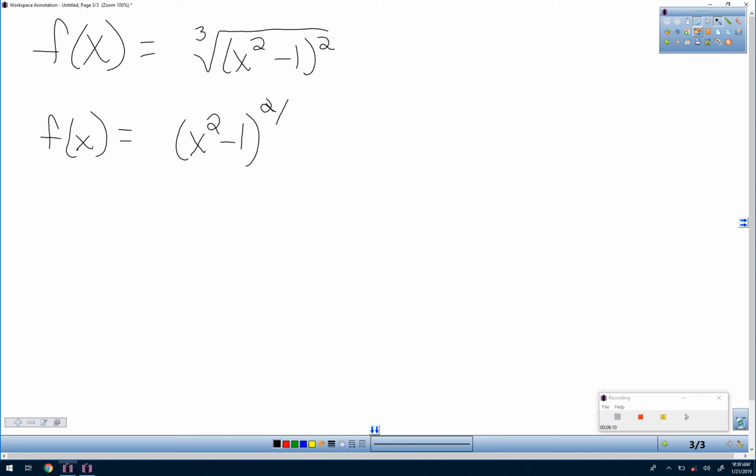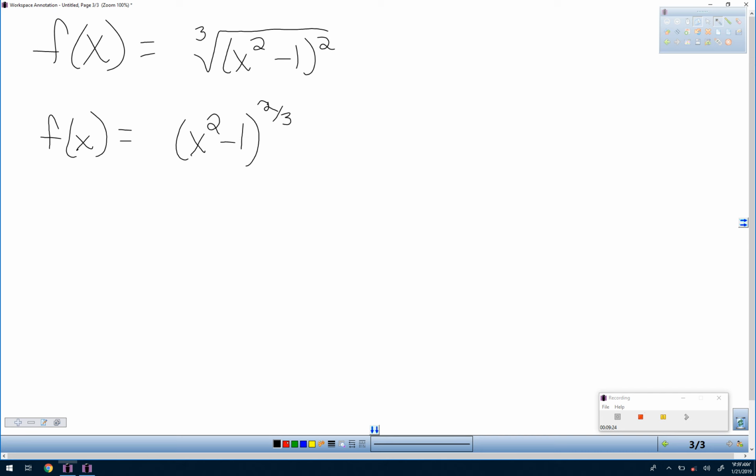The 2/3 power. There it is. That's my 2/3. Anyway, so again, we haven't done the calculus yet. That's just using pre-calculus to rewrite it.